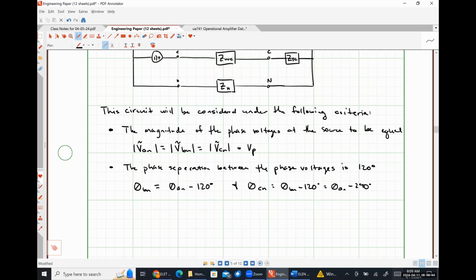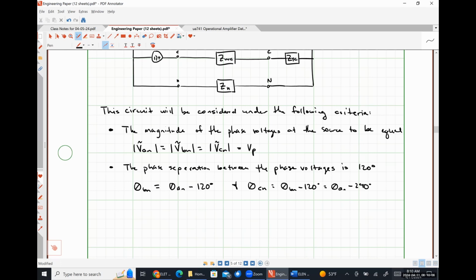So under these two constraints, which we actually talked about in class on Tuesday, our source is considered a balanced three-phase source. So we need all of our voltages to be identical in magnitude, but separated by 120 degrees in phase in order for our system to be balanced.